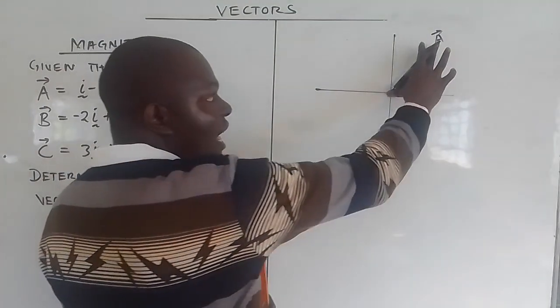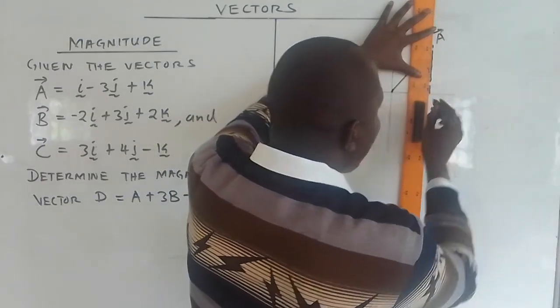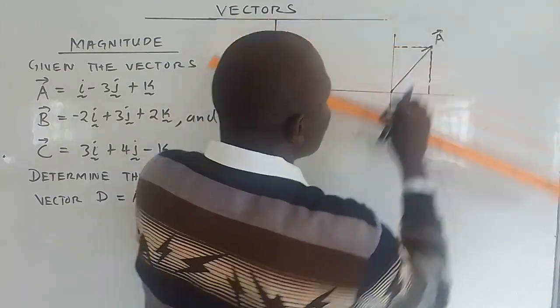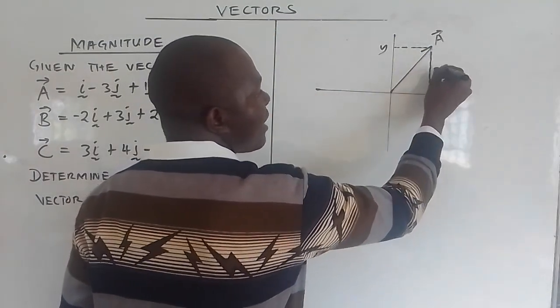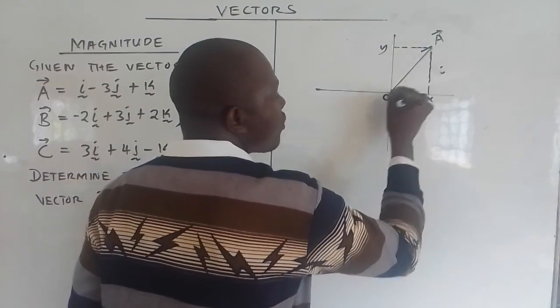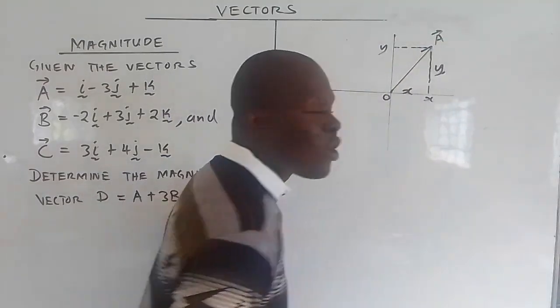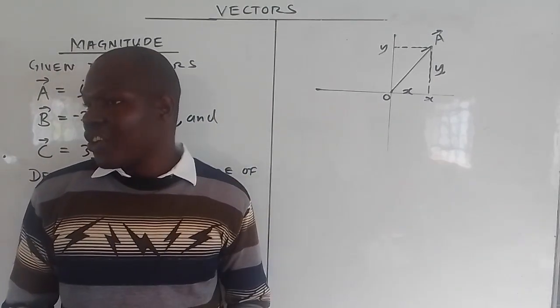If you want the length of this vector A, you will see vector A as the y component and the x component. So if here is x and here is y, from the origin to here is y, from here to here is x, because all vectors are relative to the origin, meaning they originate from the origin, isn't it?